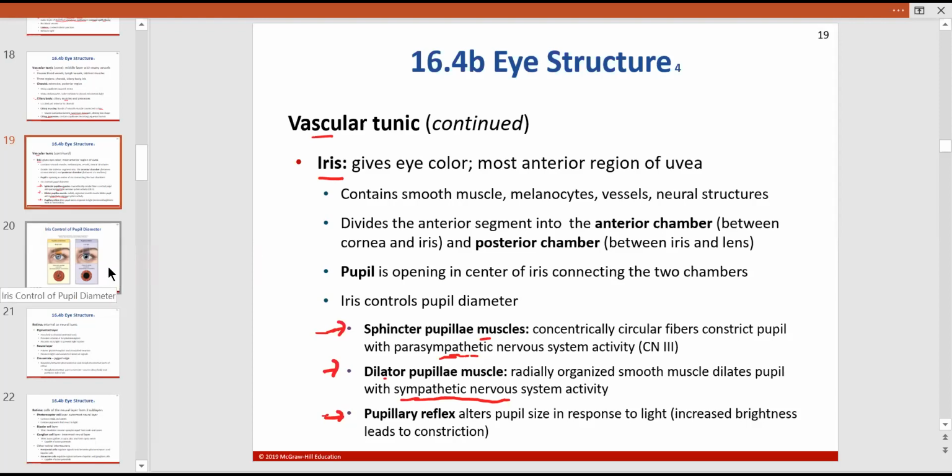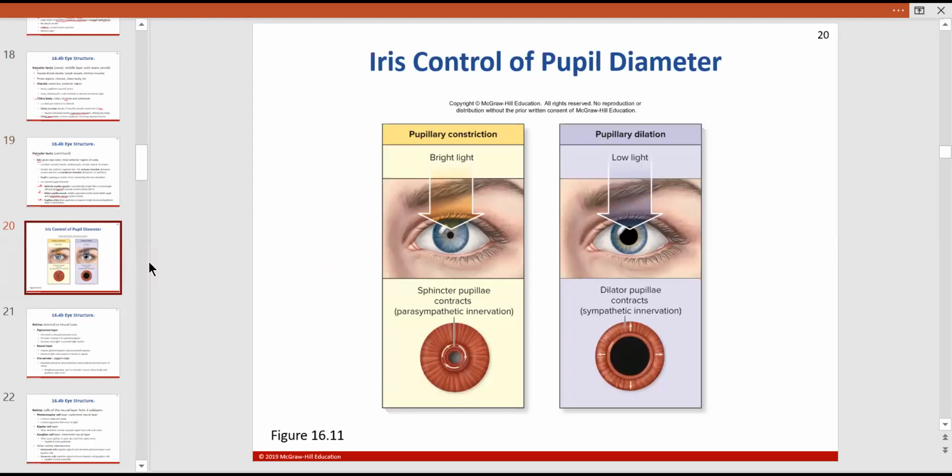And the eye actually is the only place where you can look into the body from the outside and see the retina. You can see nerve tissue. You can see the optic disc. And there's going to be a picture here sooner or later of that. So here's the diameter of the pupil. You can see it's small here, constricted, more parasympathetic when light is shined into it. Now this is dilation.